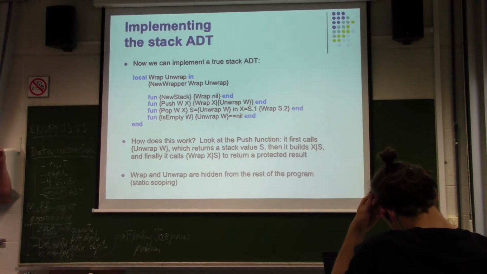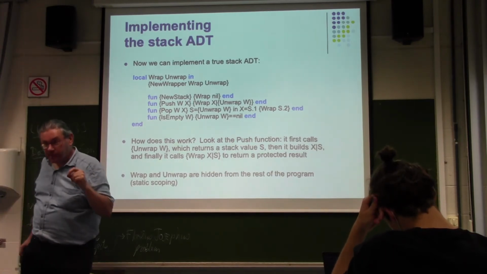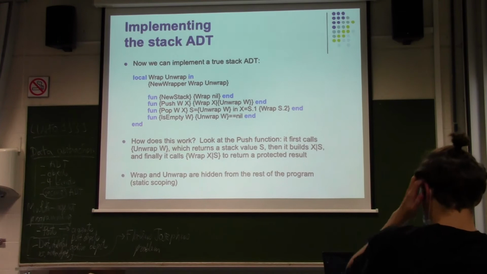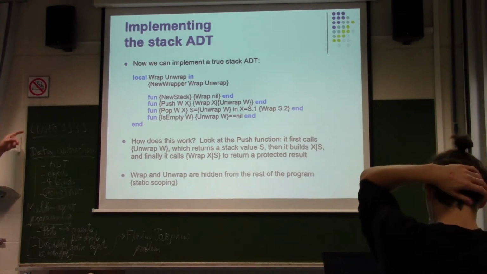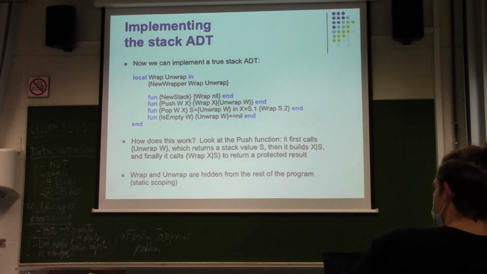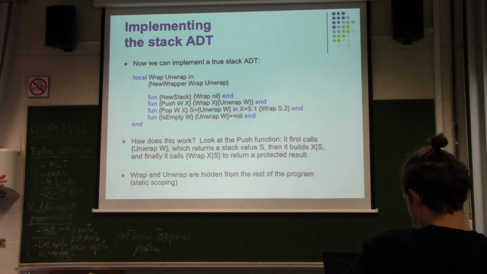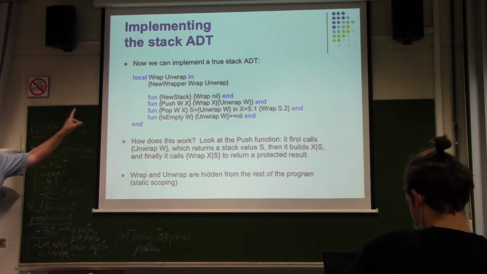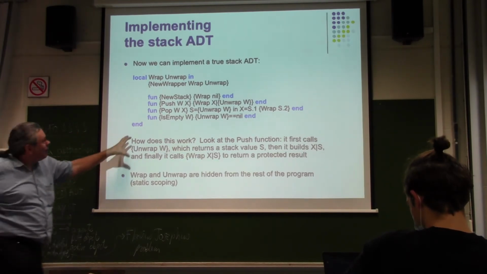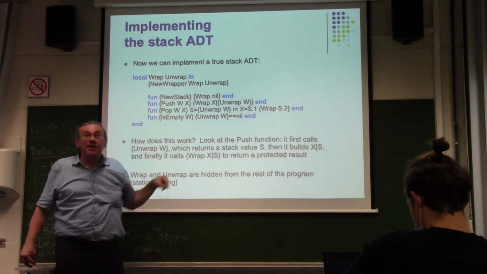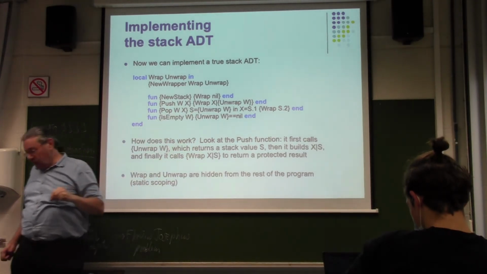So if your language does not support those things, then you cannot implement what I'm showing you here. There are many languages that do support abstract data types, but they do not show this to the programmer. So all of the internal mechanism that I'm showing you here is hidden.